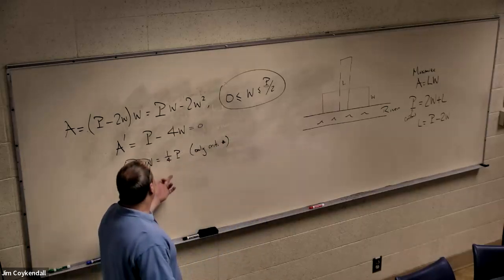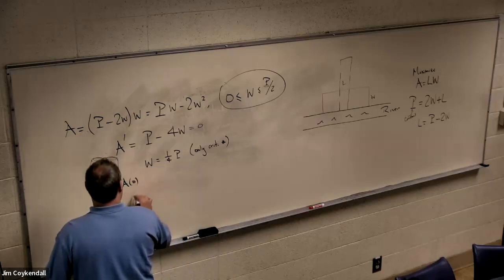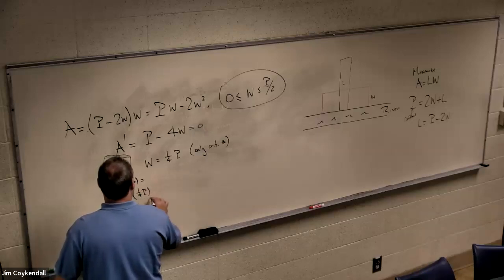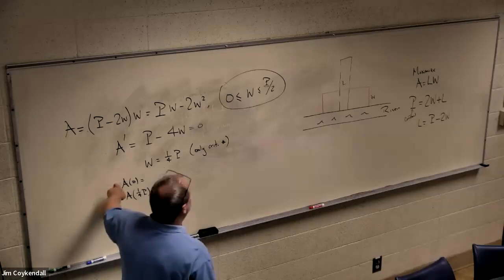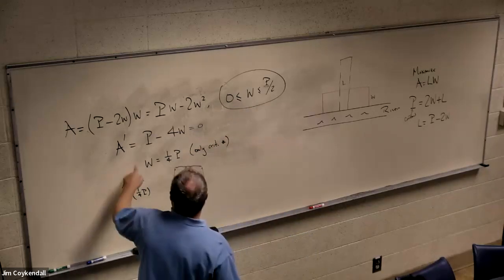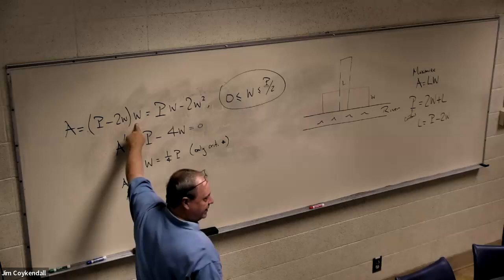So all we have to do is check the critical number. Okay, let's check the endpoints first. My endpoints are 0 and P over 2. What happens when I plug in 0 to my formula? I get 0. Everybody agree with that?